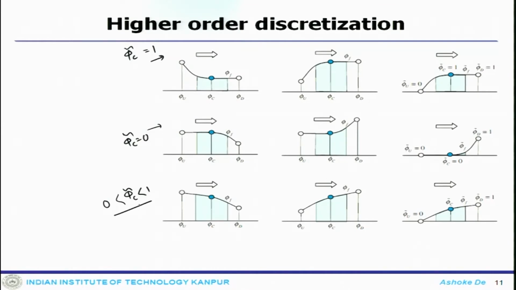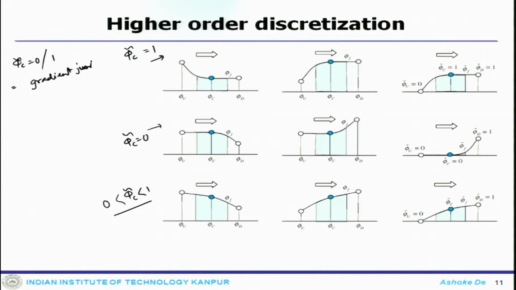When it is between 0 and 1, it shows a monotone profile, either monotonically decreasing or monotonically increasing. When it is 0 or 1, it indicates there would be a sudden jump in the gradient. So, phi tilde 0 or 1 means there is a gradient jump.